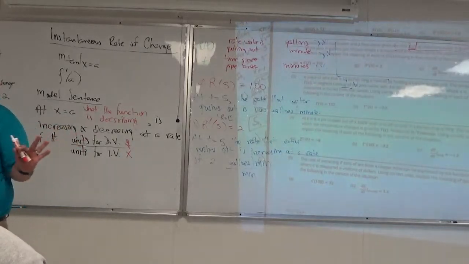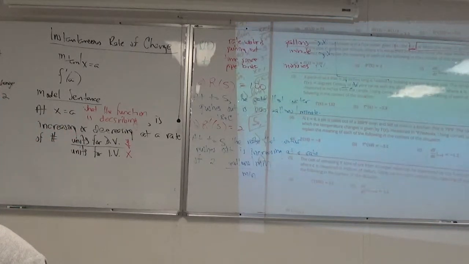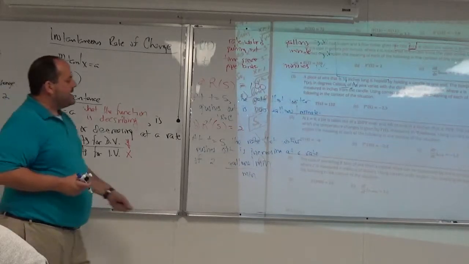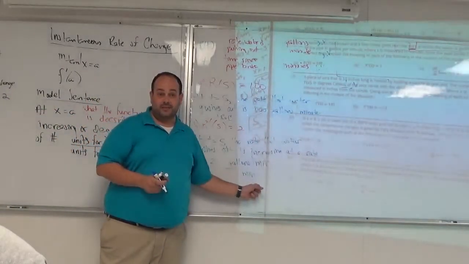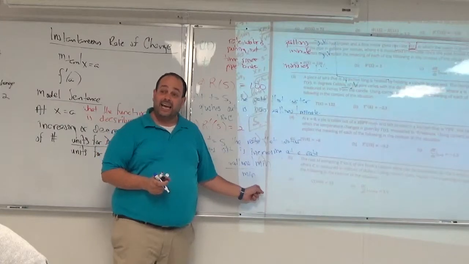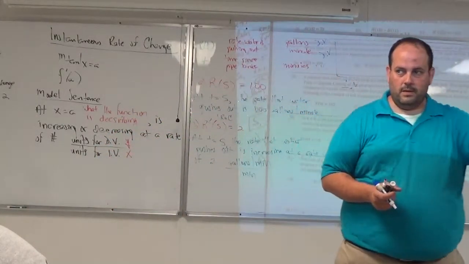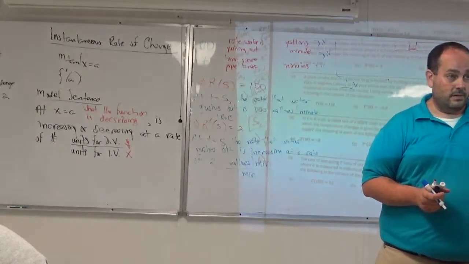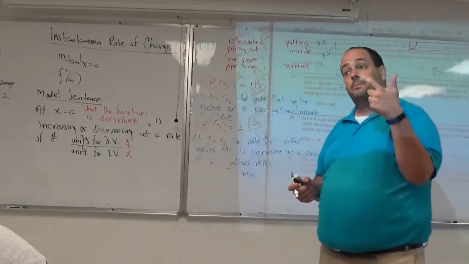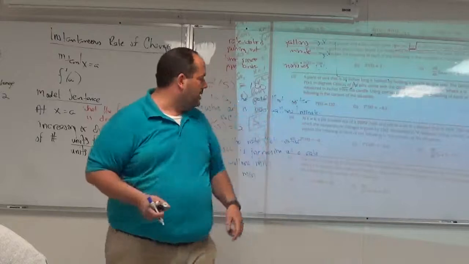If that unit seems like gobbledygook, you've seen units like this before. Gallons per minute is a lot like meters per second, like gravity, or like feet per second, feet per second squared.